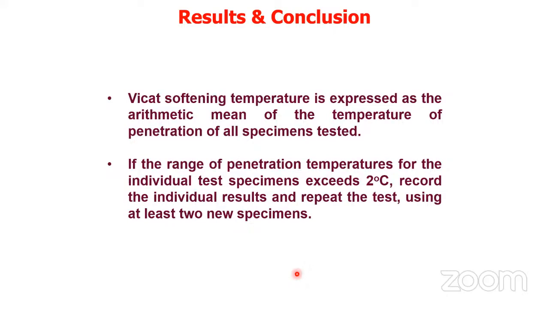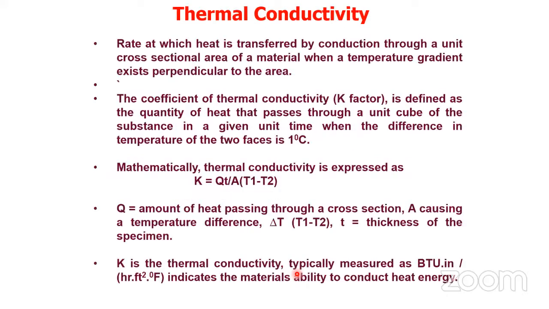Next is another kind of thermal testing, which is the thermal conductivity of your polymeric material. Thermal conductivity is the rate at which heat is transferred by conduction through a unit cross section area of material when a temperature gradient exists perpendicular to the area.